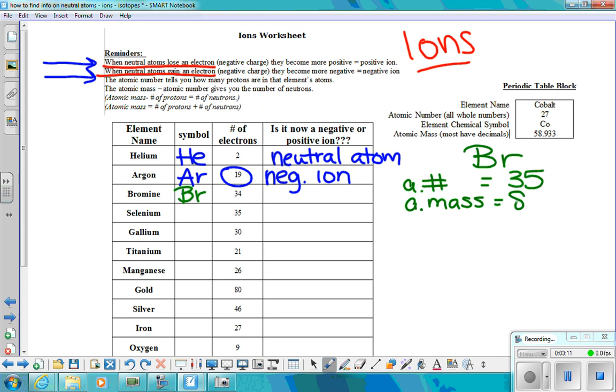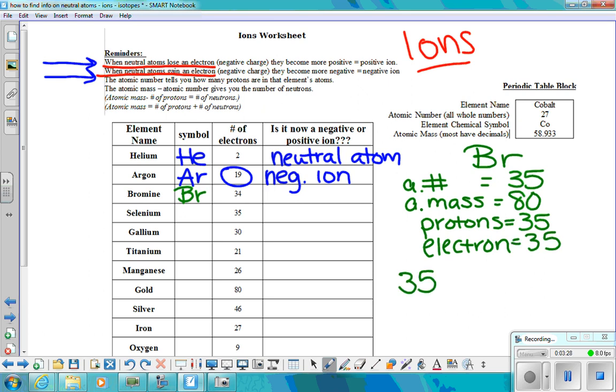The mass is 80. So that tells me I have 35 protons, and my protons and electrons equal each other in a neutral atom. So in this case, I would normally have 35 electrons. But now I went to only having 34 electrons.